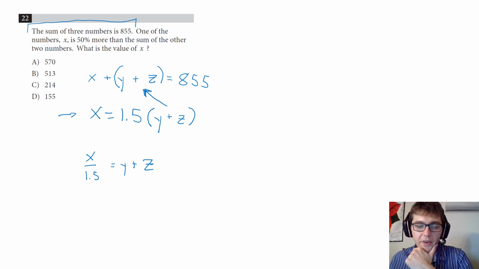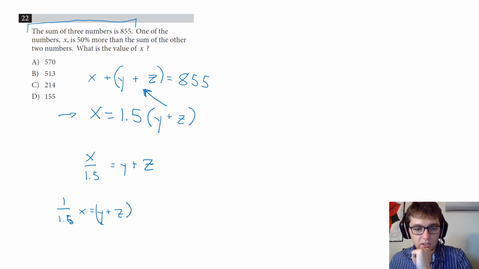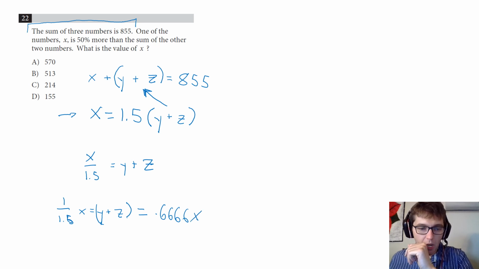So go ahead and simplify this. This is basically saying 1 divided by 1.5 x is equal to y plus z, right? So go ahead and just plug that 1 divided by 1.5 in your calculator right now, and you'll see that y plus z is equal to 0.6666 repeating x. Okay, so y plus z is equal to 0.6666x.